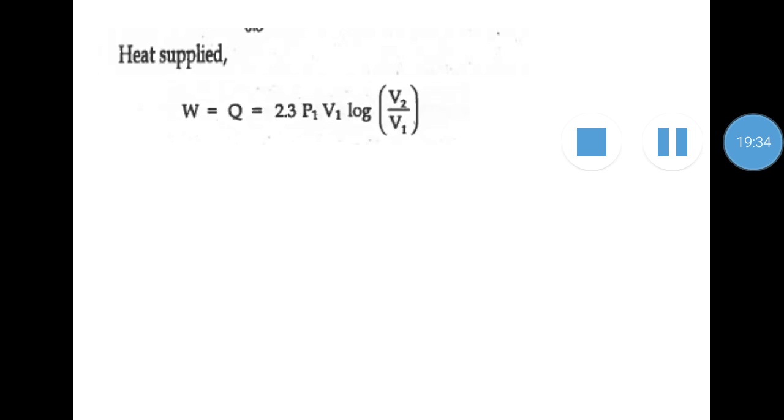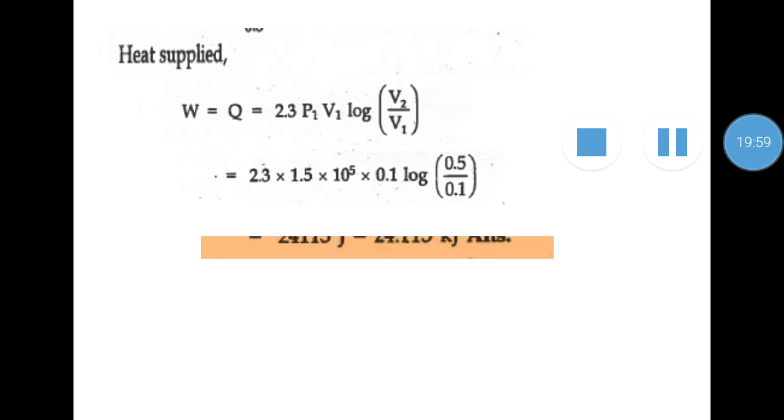The expression for the heat supplied: work done is equal to heat supplied, so W is equal to Q is equal to 2.3 P1 V1 log V2 by V1. Filling in the values, 2.3 into P1 which is 1.5 into 10 raised to 5 Newton per meter square, V1 is 0.1, and log of V2 0.5 divided by 0.1.